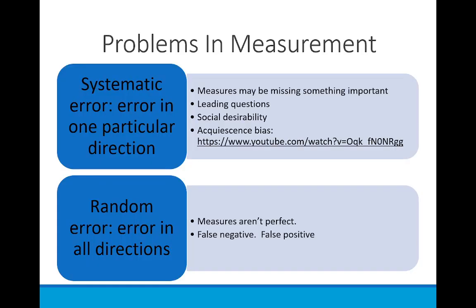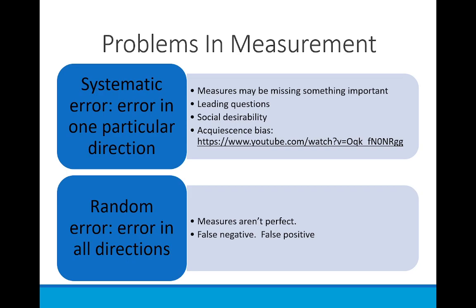Sometimes error is systematic, in which case it is consistent and there's a bias. And sometimes it's just random error, and we don't need to worry about random error in some cases, but sometimes we do. Sometimes it's a false negative, sometimes it's a false positive.